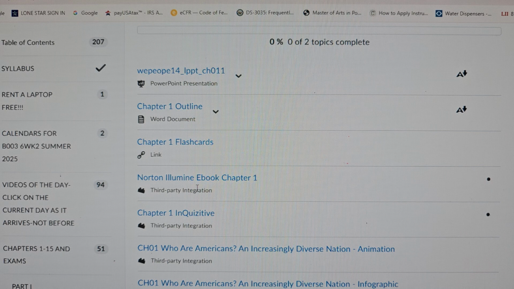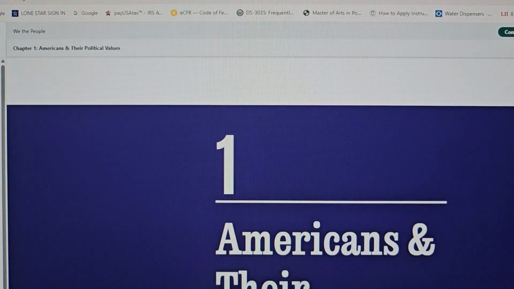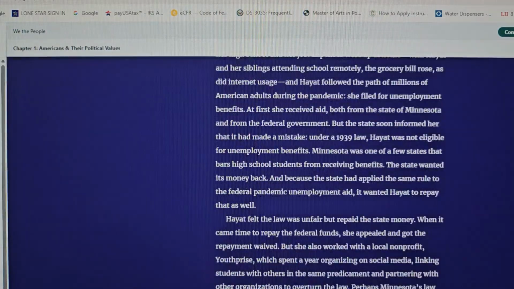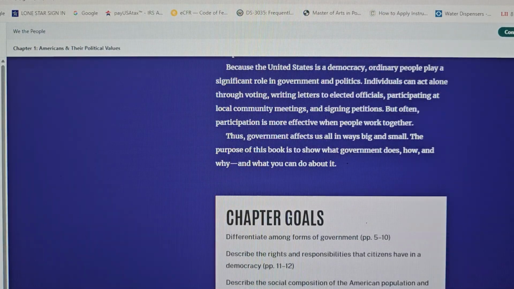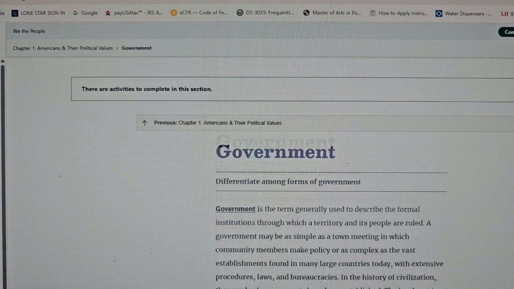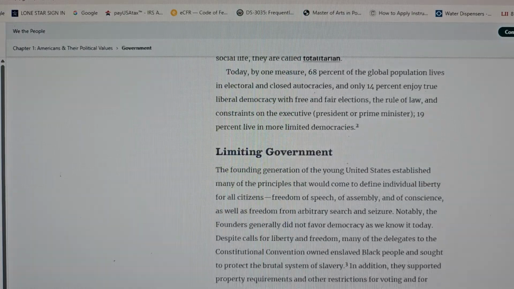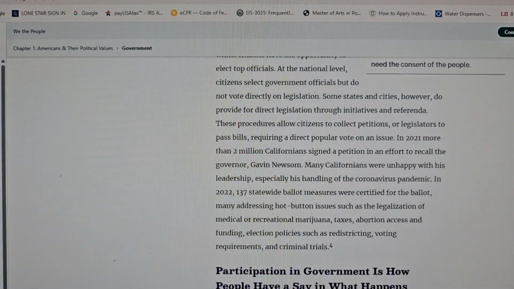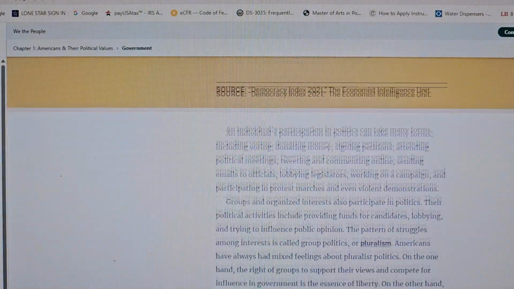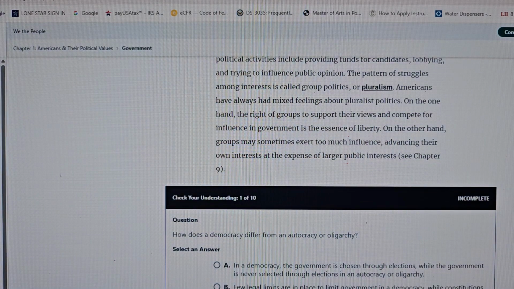This is your ebook. This is the textbook online, and you go through it, and as you get to a point in each one, you have some multiple choice answers to a question that they ask you.